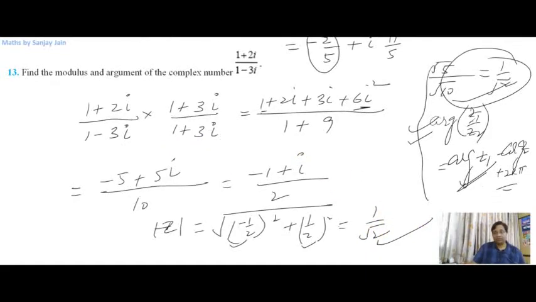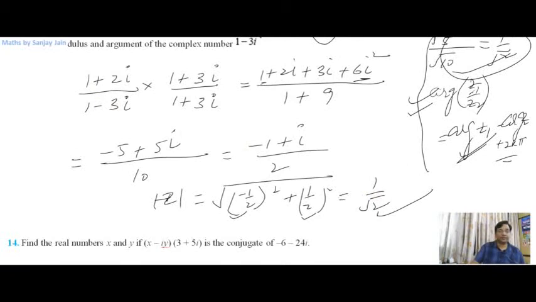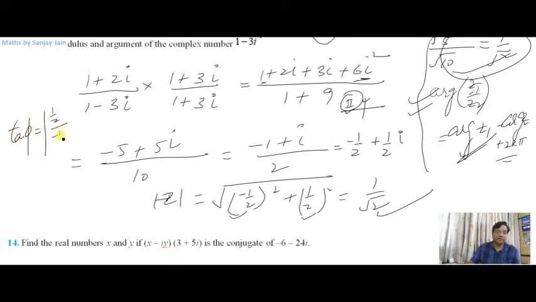Now we will talk about the argument. For the argument, let me write it separately: minus 1 by 2 plus 1 by 2 iota. If I find tan phi, it will be equal to the mod of 1 by 2 divided by minus 1 by 2, so it will be equal to 1, right?